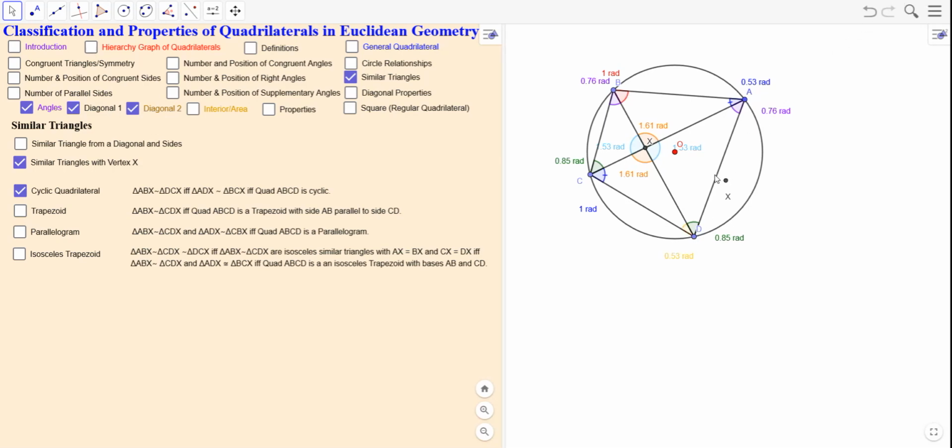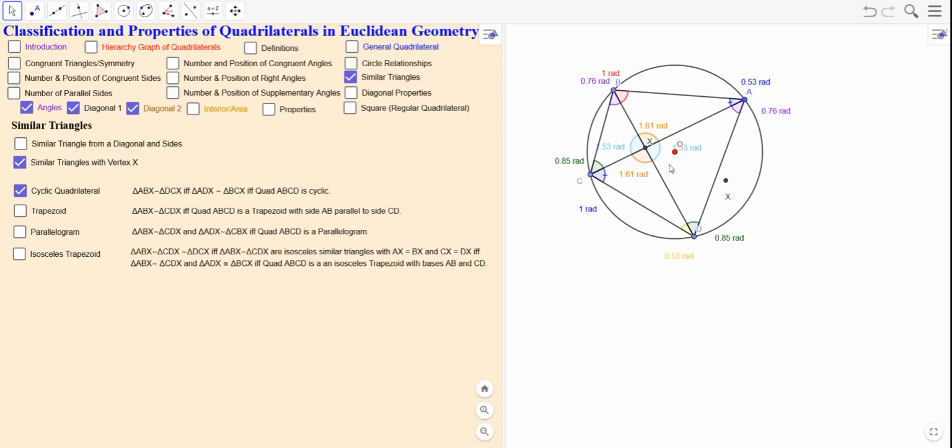Okay, but now let's take a look at some things. So we do have some triangles that have all of the congruent parts. For example, this one right here, AXD and BXC.